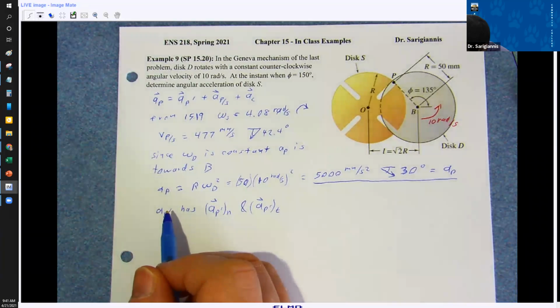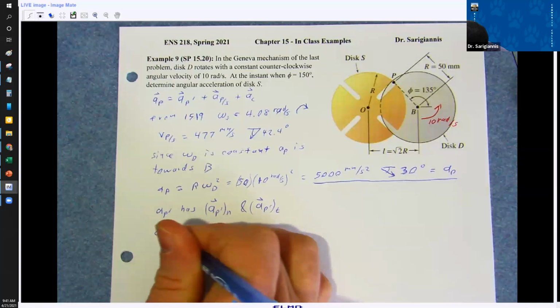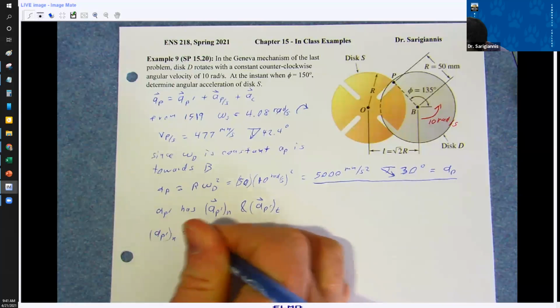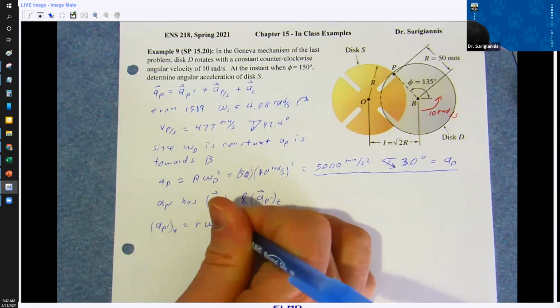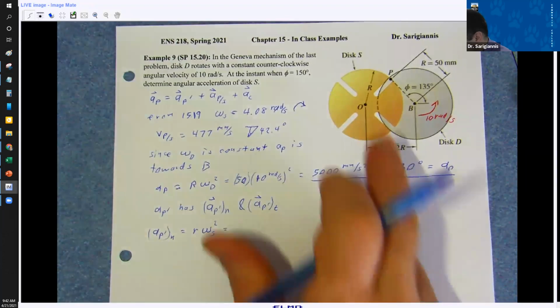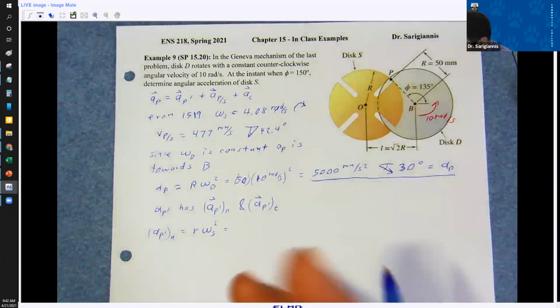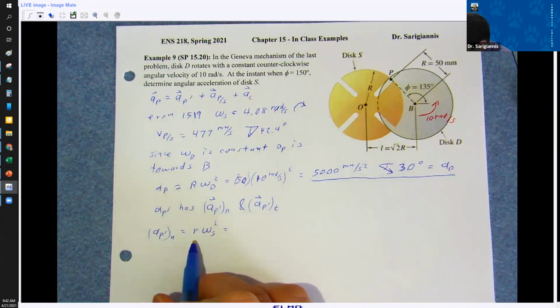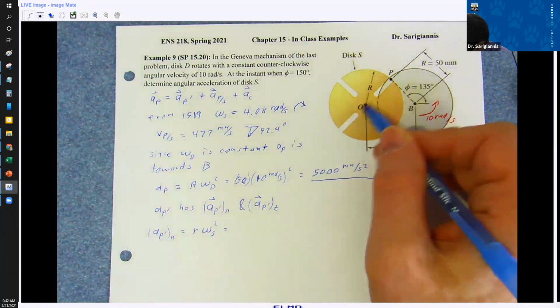The normal component is R omega S squared, right? Remember, this is now with respect to the S disk. So we've got little r, which is the distance on the S disk that it is.